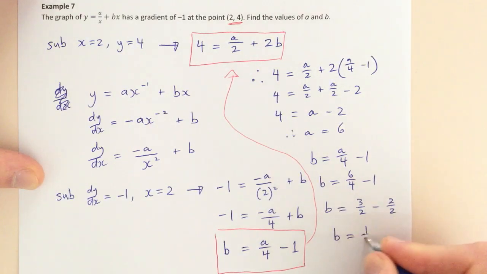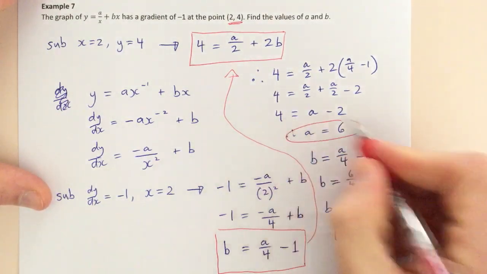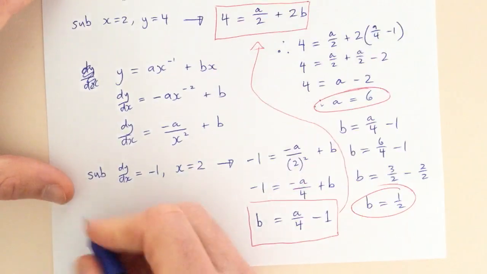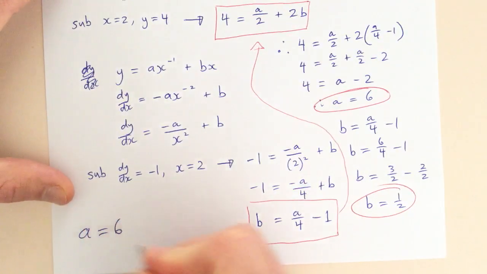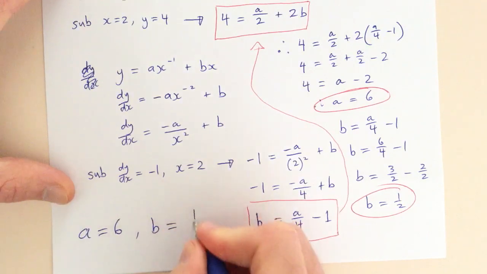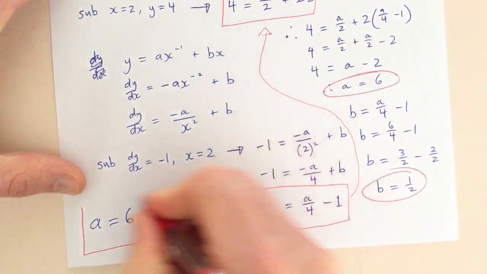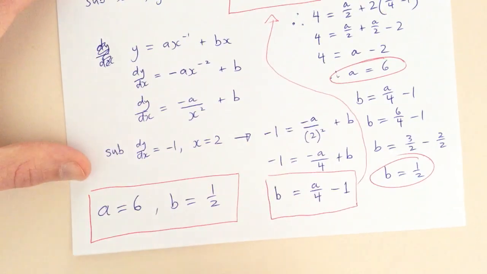So b is equal to a half. Okay, that's our value of a, that's our value of b. We should maybe write that a little bit more clearly. So a equals 6, b equals a half. That'd be our final answer down there.